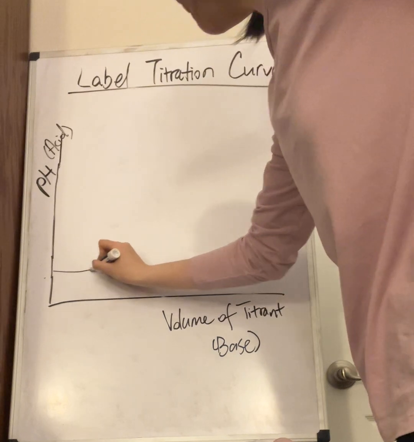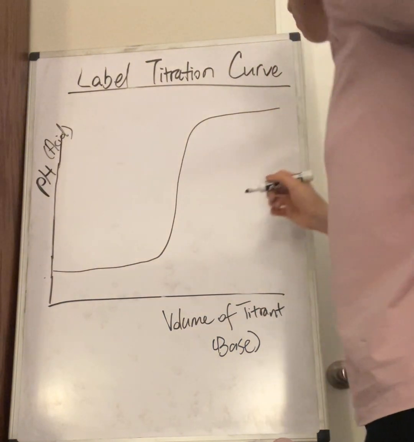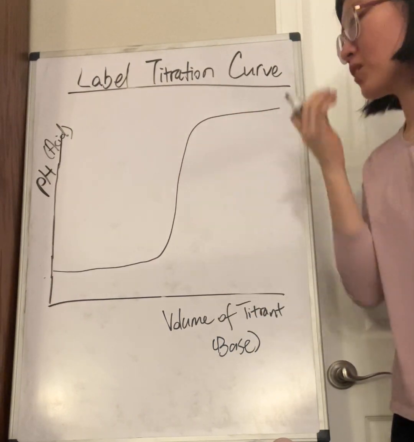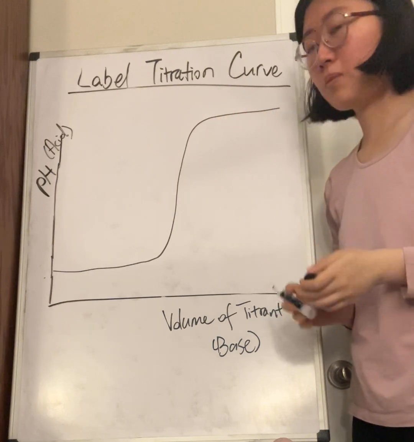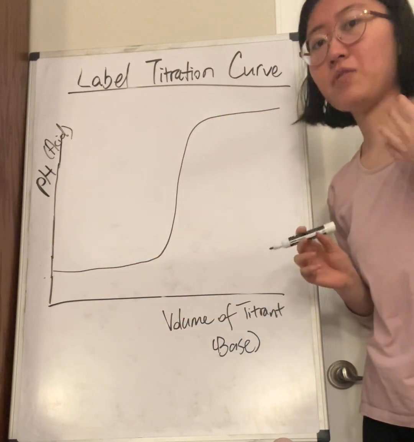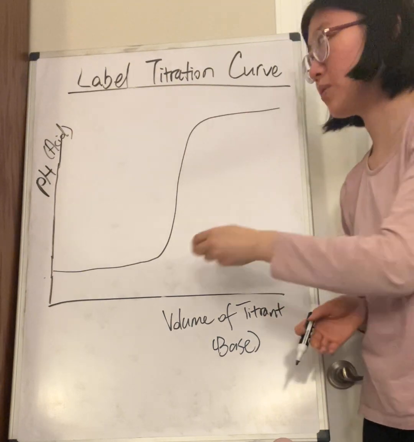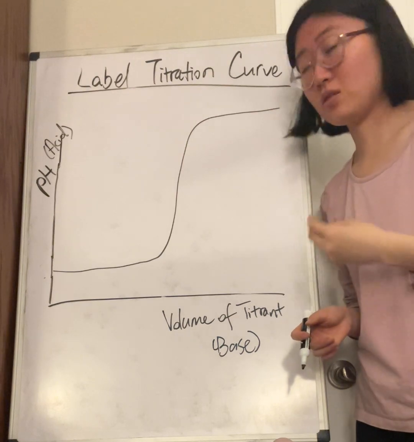Okay, so let me draw you a graph. I'm going to start with a very low pH, and then it looks like a hill, right? From this curve by itself, we can see it starts from a very low pH, which means a very acidic solution. Remember, the smaller the pH is, the more acidic the solution is.